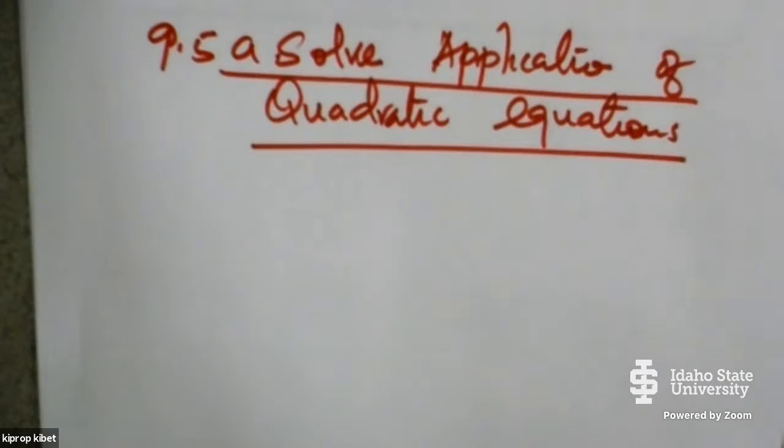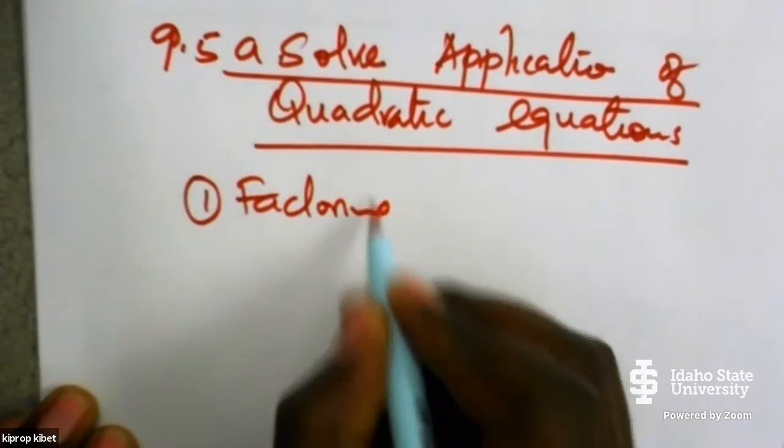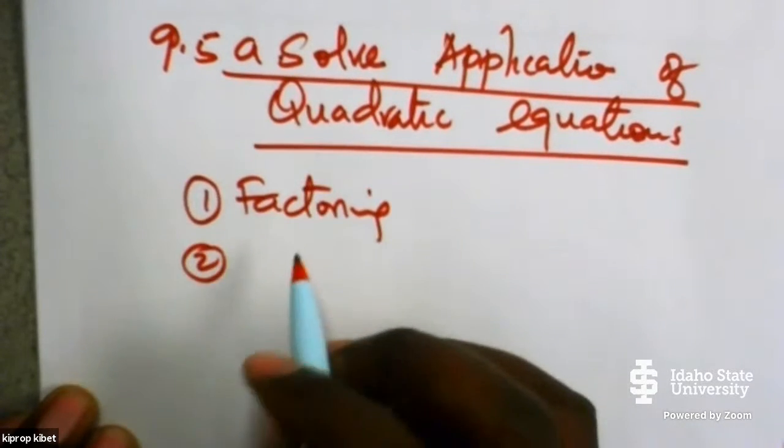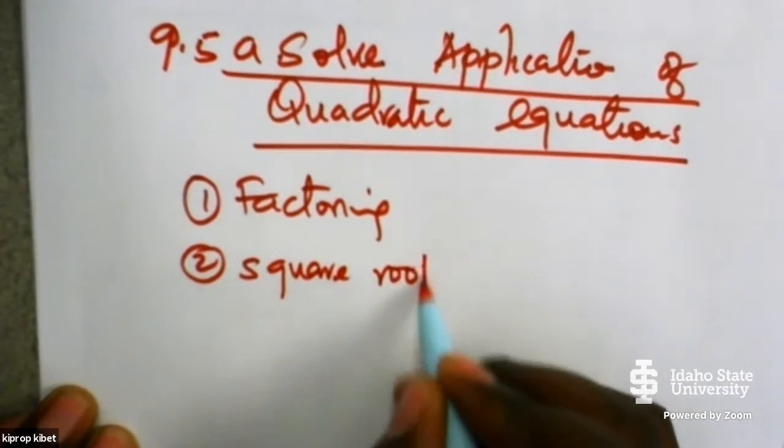We have seen some of the applications of quadratic equations, but we were using one method, the factoring method, if you still remember. Now we have other methods that we can use. The first one was the factoring method. Number two, the square roots property.